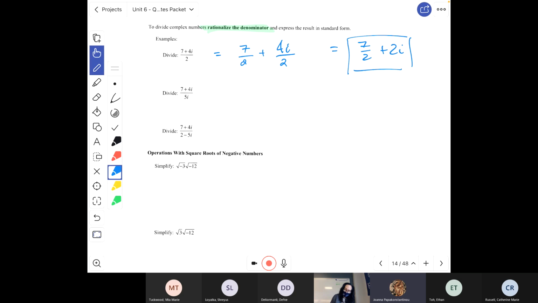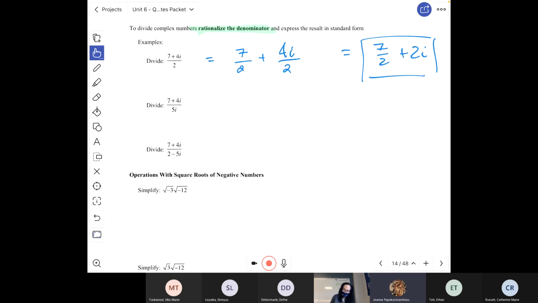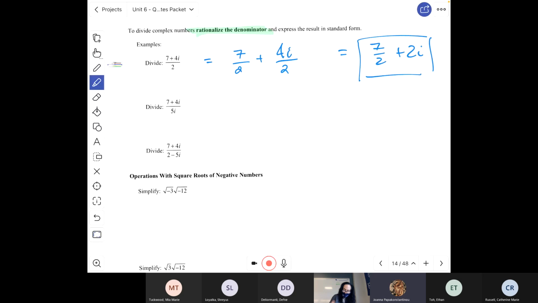Now, looking at the next example, what on earth do you think you are going to multiply this fraction by? Making it an equivalent fraction. We're not changing the value of the fraction. We're just addressing the fact that it has an i in the denominator. What's the easiest thing that I can do? Multiply by 1. No. Well, couldn't I just multiply the numerator and denominator by i?